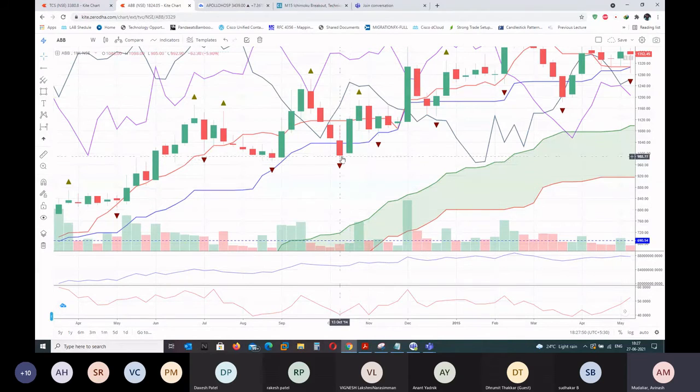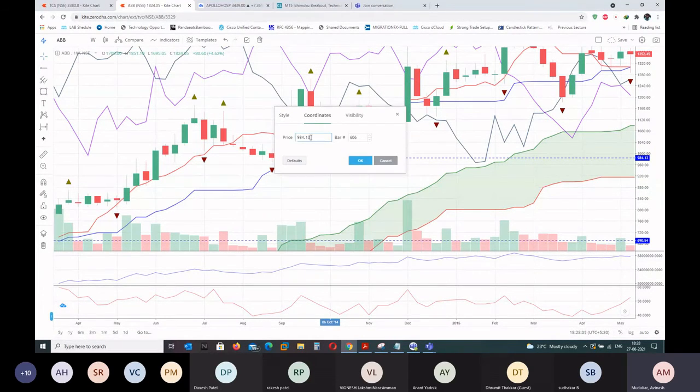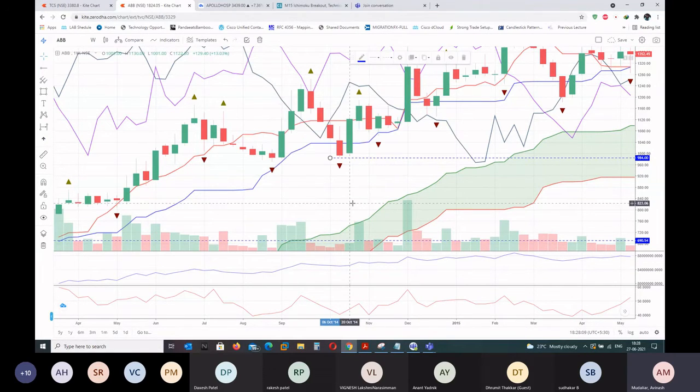Once this closes, you need to put a stop loss below this low. The low is 985, so you'll put it somewhere at 984, because it's a weekly time frame.